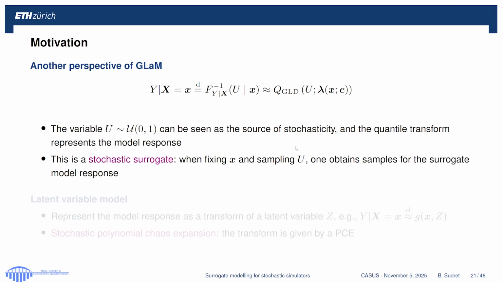To introduce it, let's restart from this GLAM representation. The conditional distribution has a certain generalized lambda model. If you use the quantile function, it's the quantile function that I showed at the beginning, applied to a uniform random variable, which gives you the inverse CDF of this conditional distribution.